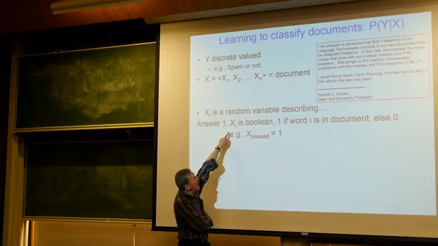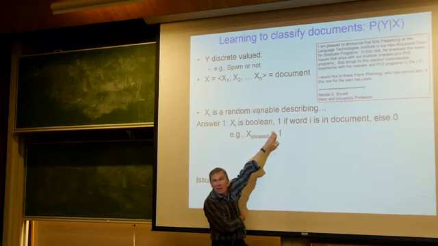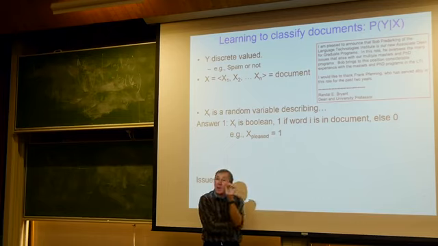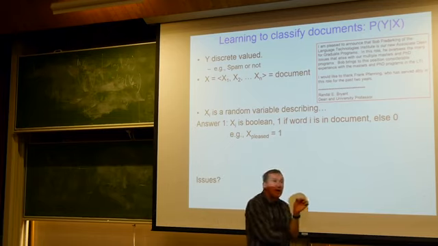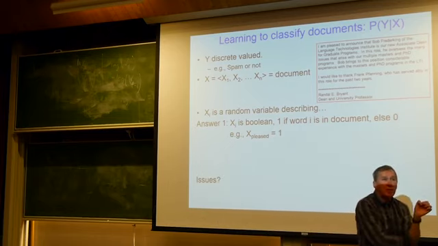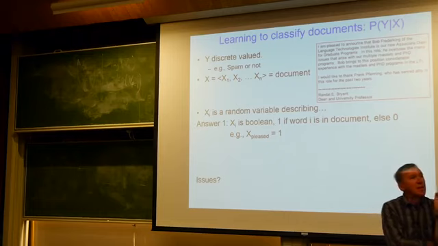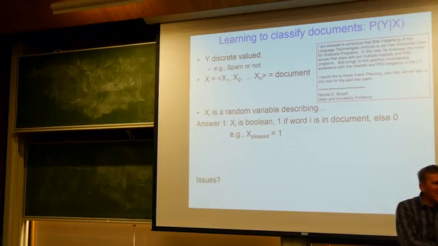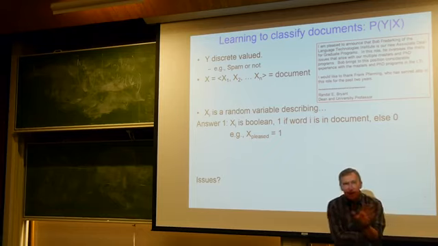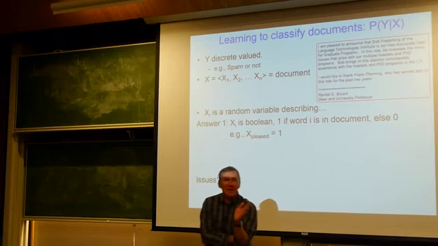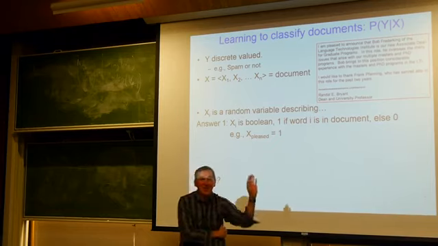We could say x sub i is going to be a Boolean variable. Whenever you define your x sub i's, or any random variable in this class, never, ever, ever forget to ask yourself, what are the values this random variable is actually going to be able to take on? If you're sloppy about that, you'll confuse yourself all the way through.